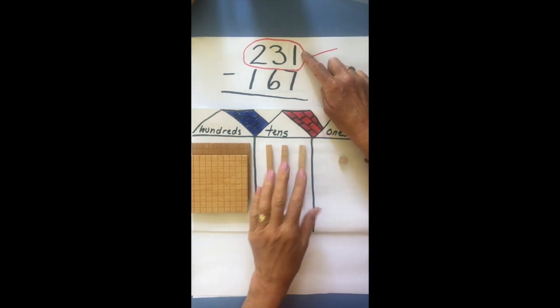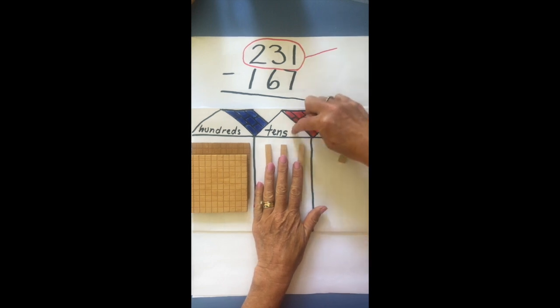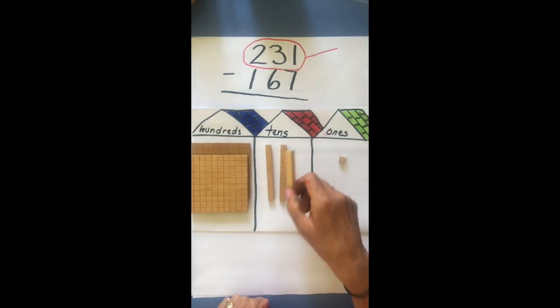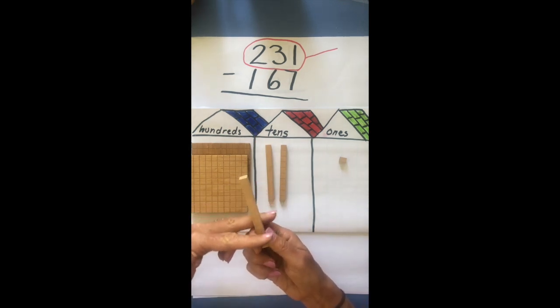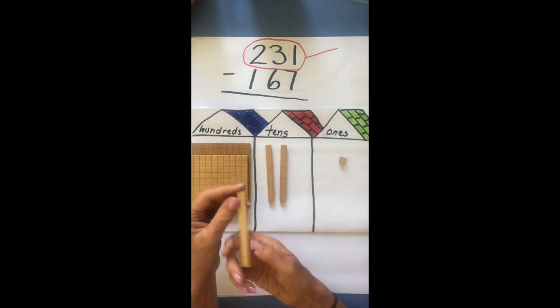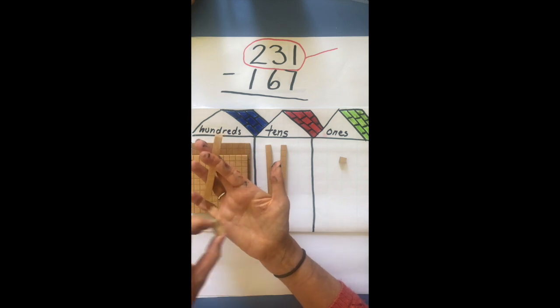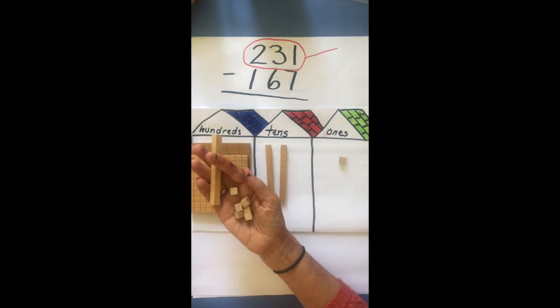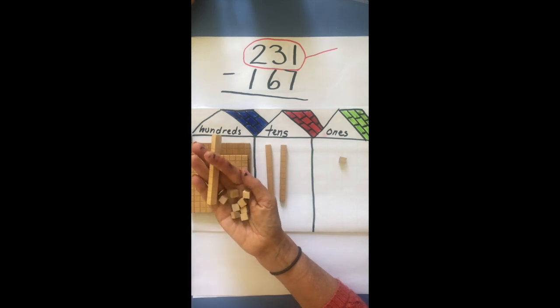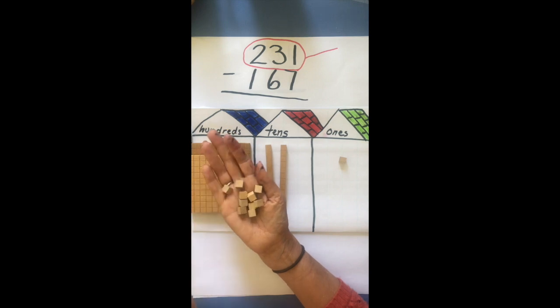So I need to regroup. I need to go and borrow some from the tens house. So I'm going to take this 10, and let's say I just break it apart or decompose this into 10 ones. So that would be 1, 2, 3, 4, 5, 6, 7, 8, 9, 10 ones, okay?